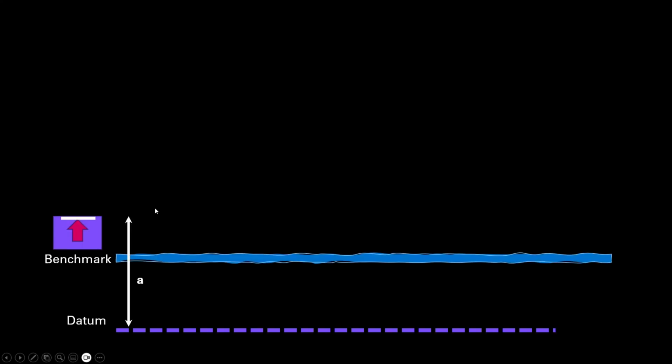So we have a benchmark here, and the benchmark tells me where my sounding datum is with reference to that particular benchmark. Now let's put a GPS or DGPS or DGNSS antenna on top of the benchmark, and we know the height of that DGPS antenna or the tripod.